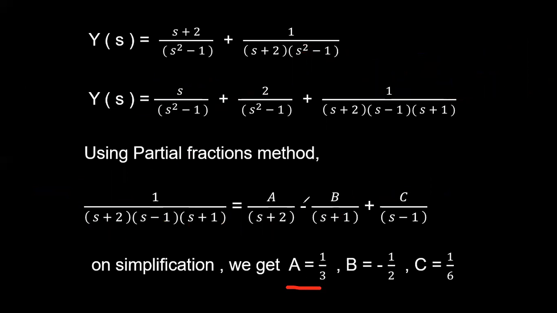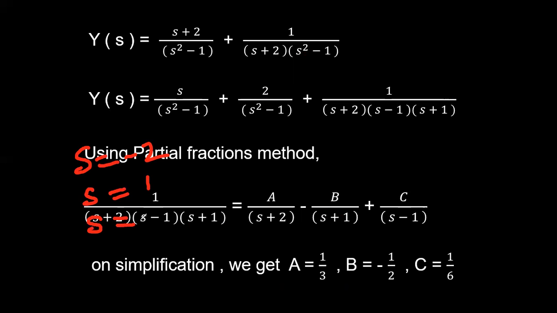Similarly, we can find the B value and the C value in the same process by putting S is equal to some value. For the first case, you have to put S is equal to minus 2. For the second case, you have to put S is equal to 1.